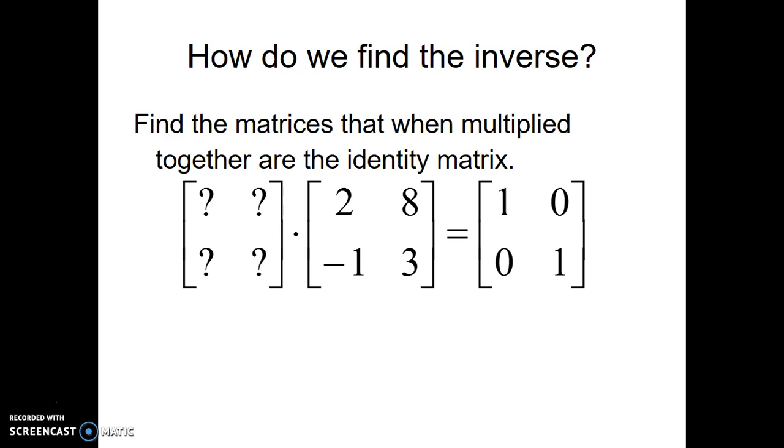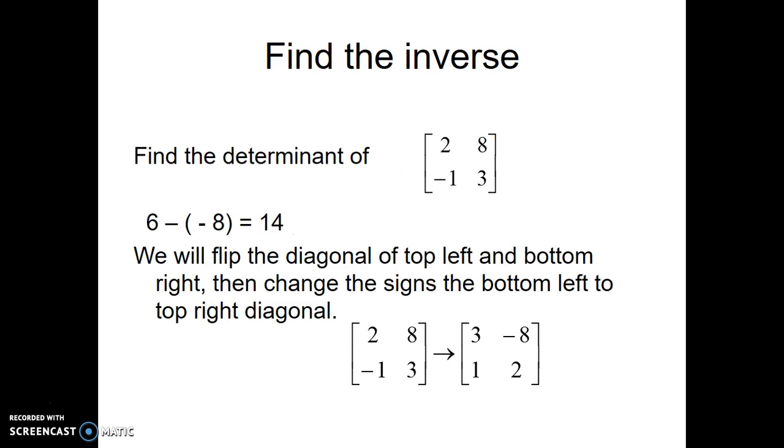This is really the meat of this section, how we do that. To find the inverse, the first thing we do is find the determinant of our matrix. We have this example matrix here, 2, 8, -1, and 3. Remember, to find the determinant, we multiply our diagonals and then subtract.